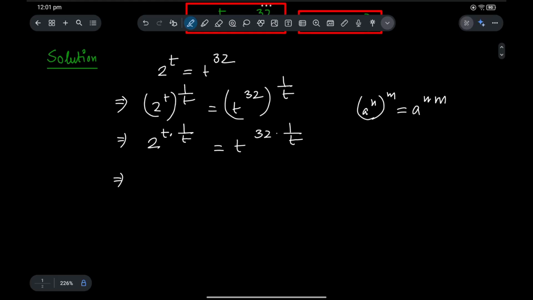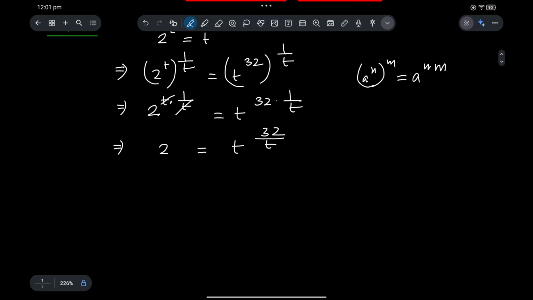That implies this 1 by t cancels out. So here we get 2 equals t to the power 32 over t. Now we raise both sides to the power 1 by 32.